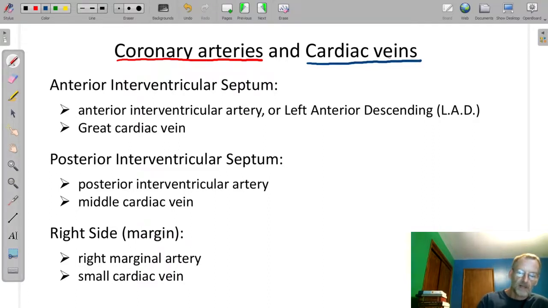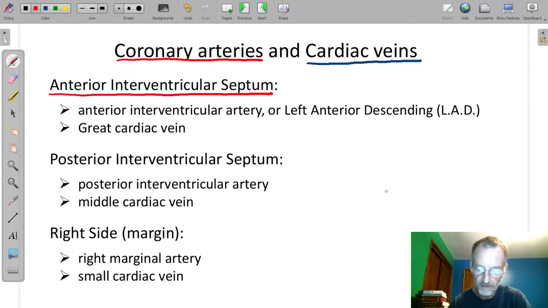Okay, so there are three sets of arteries and veins that I want you to know. So within the anterior interventricular septum, you have to get yourself positioned. This is the heart. And if we are looking at the heart, maybe I'll just draw a Valentine heart, something like this.